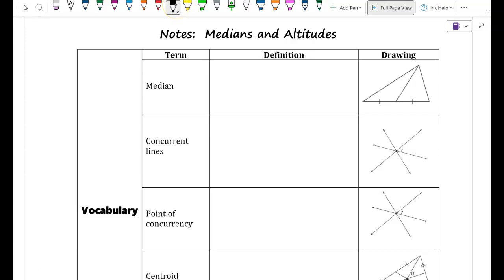And a median is a segment that goes from the vertex to the midpoint of the opposite side.